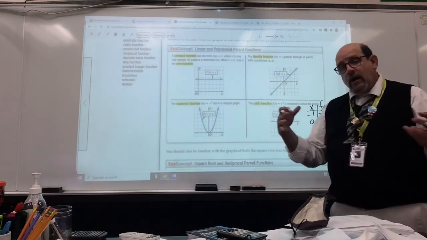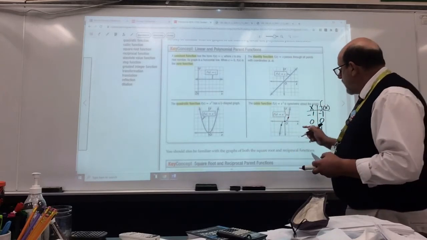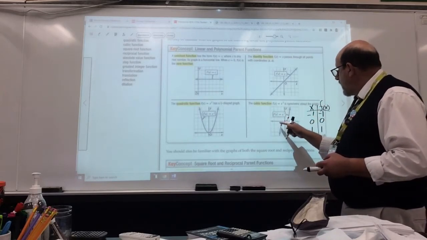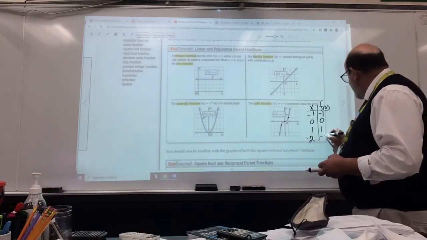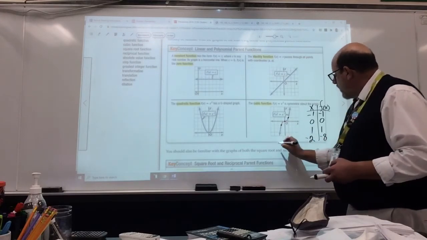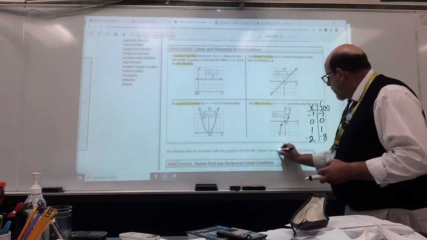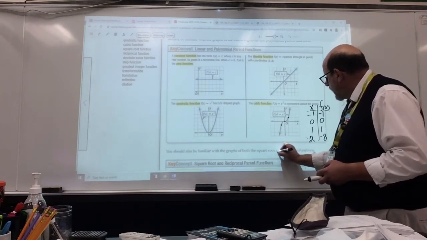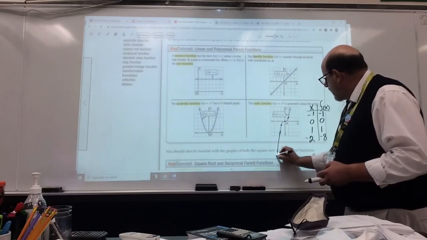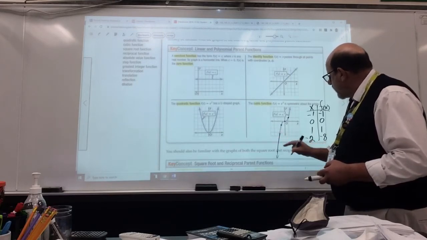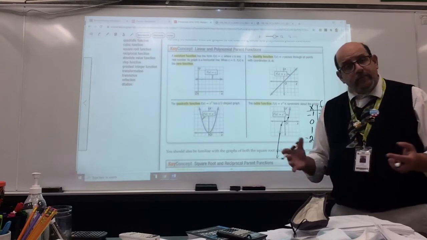We do get a value out. It does exist, so we don't have an asymptote. And negative 2 cubed is negative 8. So negative 8 would be probably right about down here, and it would just continue to go that way. And that's what our function would look like.